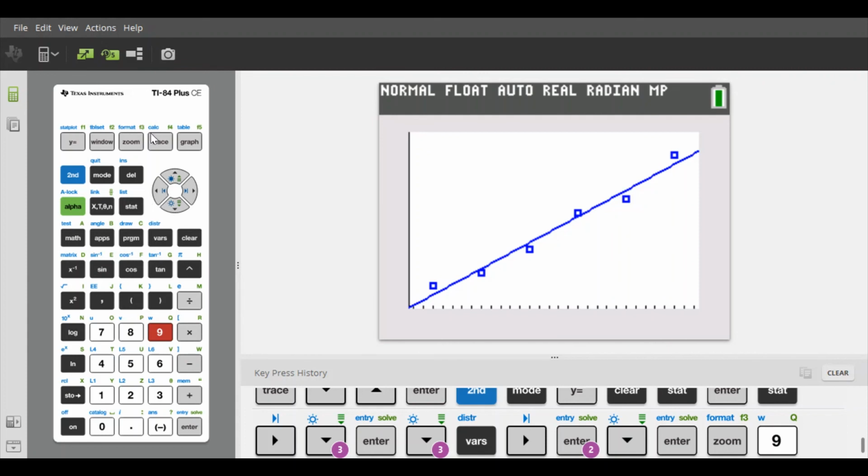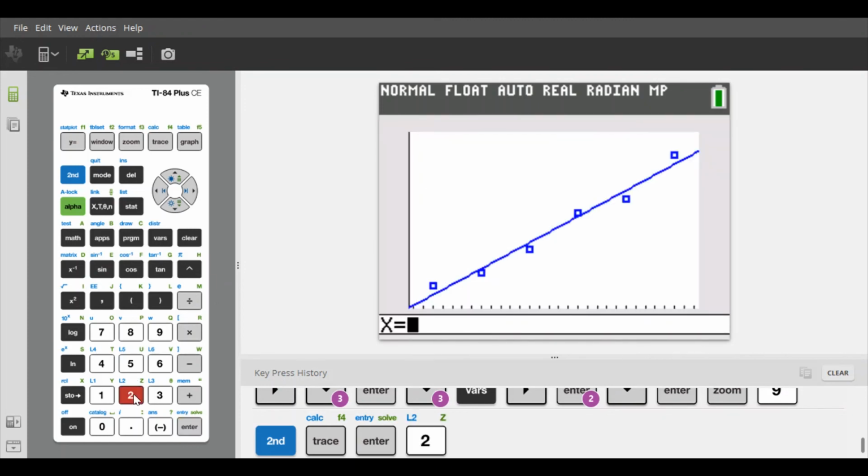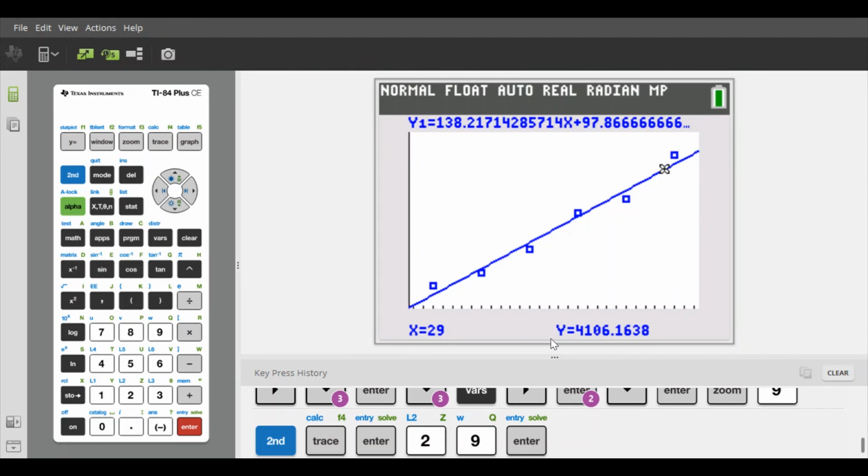So what we will do is second calc value, and we'll do it for x equals 29. So we calculate that out, we find a y value of 4,106.16.